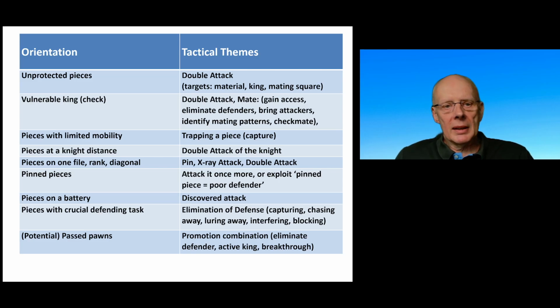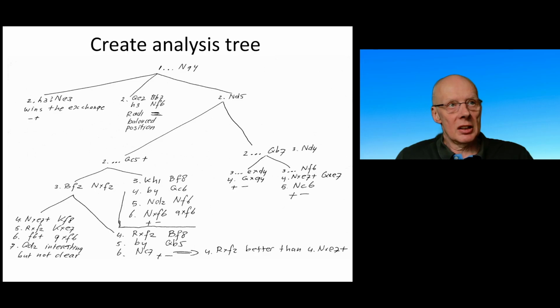So we're going to practice this on one position and first do the orientation, and afterwards I will ask you if you can make an analysis tree. And just a reminder of how an analysis tree looks. You can see here, it starts with the move by black, then you have a move by white, different options.